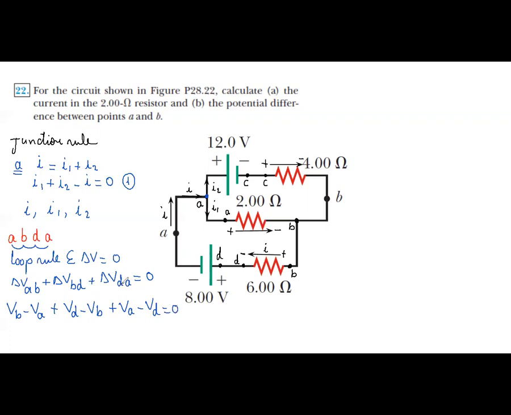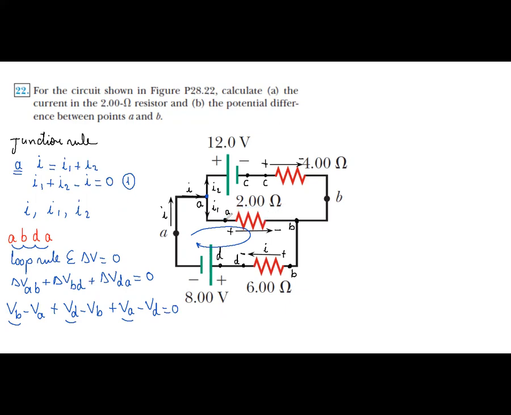To solve it fast, first of all, you look at the first voltage, this one, and this one. We are going clockwise in this direction. We start with A, from A to B.